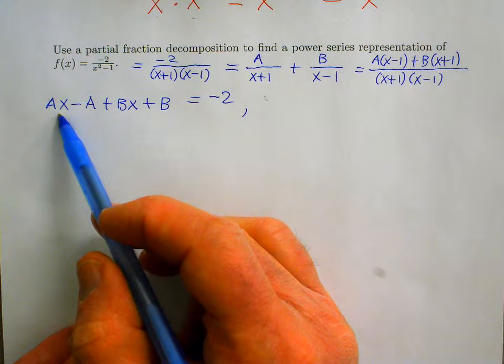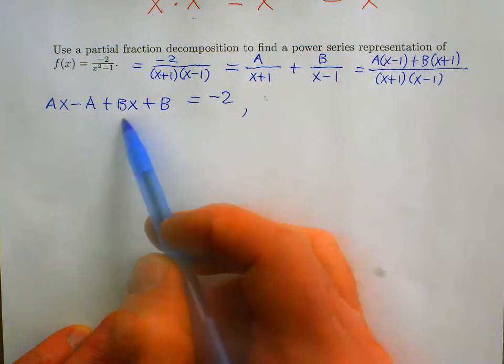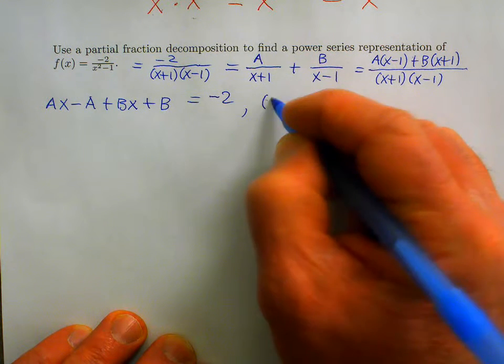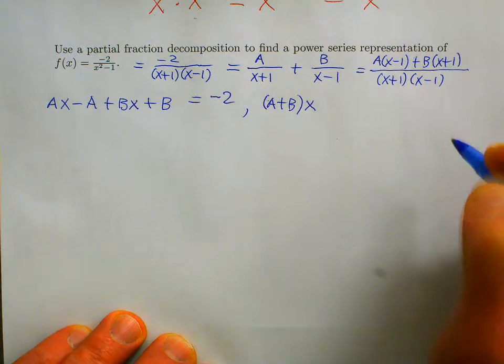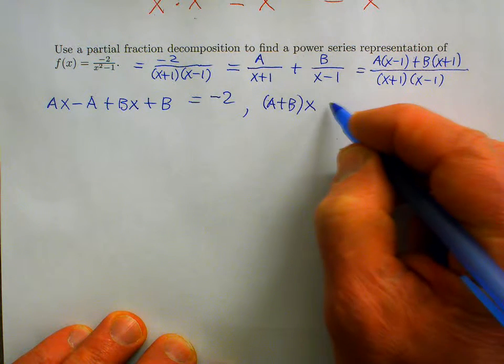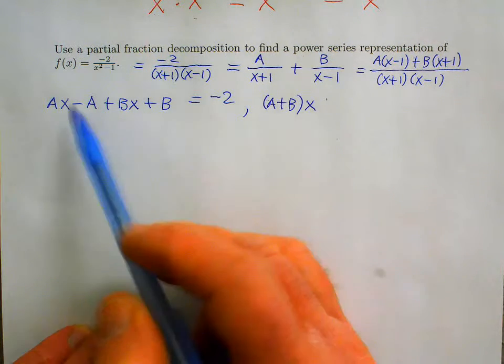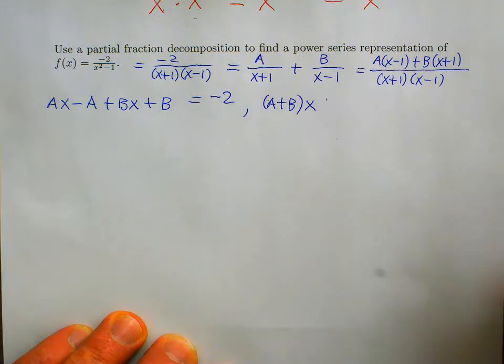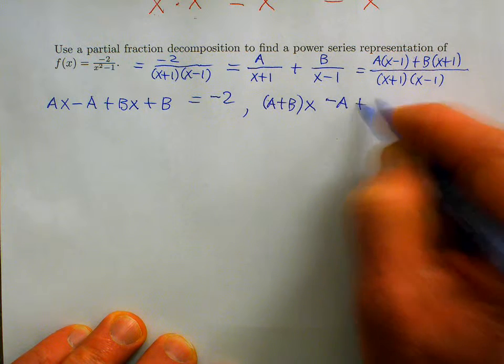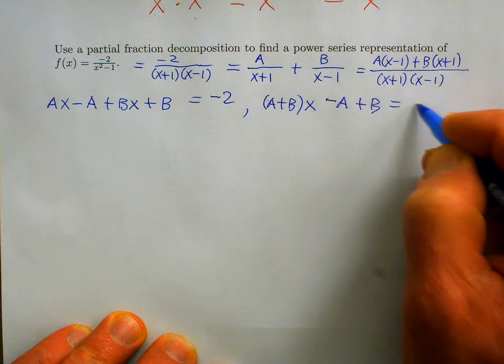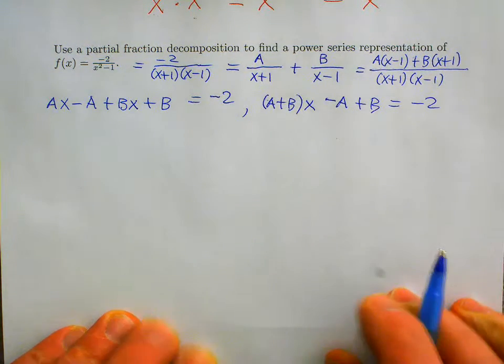Okay, so we have ax plus bx. We'll write that as the quantity a plus b times x. And we have minus a plus b. This has to equal negative 2.